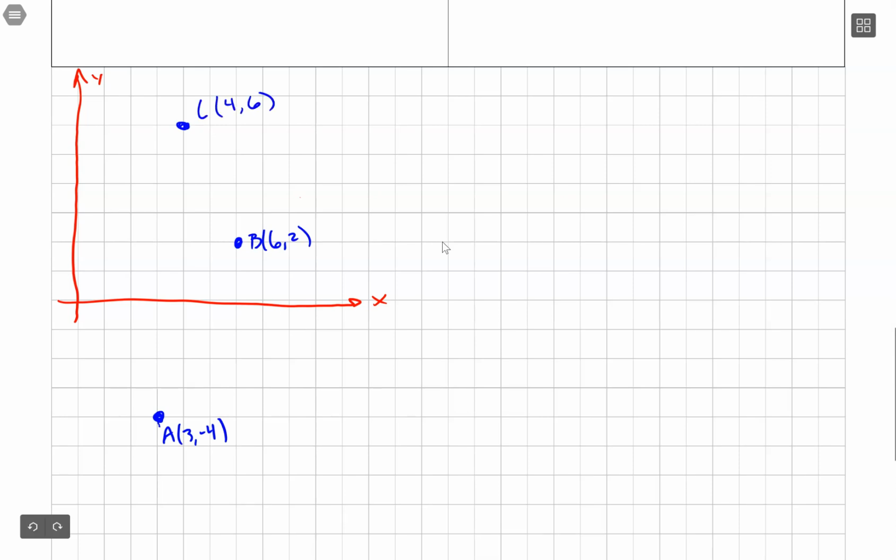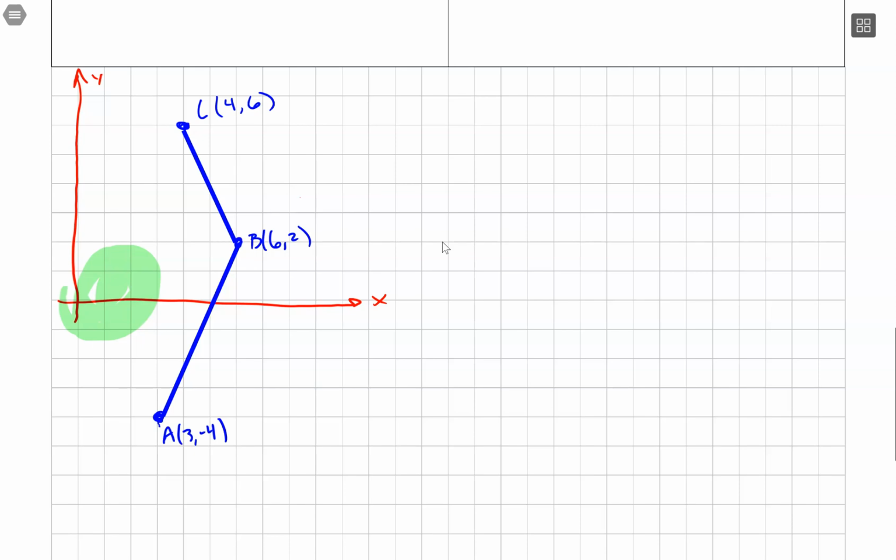So D, if this has to be a parallelogram, let's go ahead and draw in the sides here. We have that side there. We have this side here. In order for this thing to be a parallelogram, that point D has got to end up somewhere over here, I'm guessing. The strategy I would use to find this is I would take a look at slope, right?